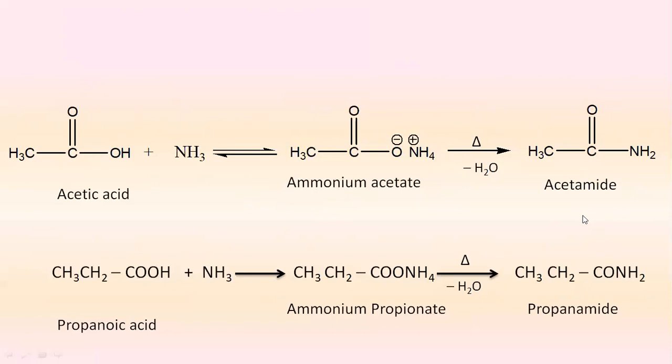You can take any acid, even one with more carbon atoms. Only the C double bond O OH group is changed; the C double bond O remains as it is, and only the OH group is converted into NH2. If you take propionic acid with NH3, it forms ammonium propionate, and by the removal of H2O on heating, it forms propanamide. So this is about the reaction of acid with ammonia.